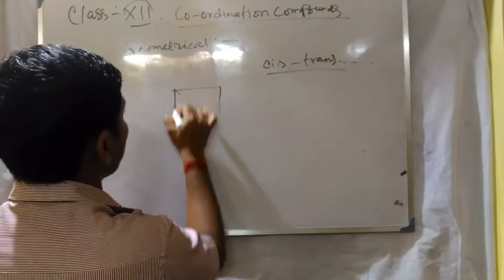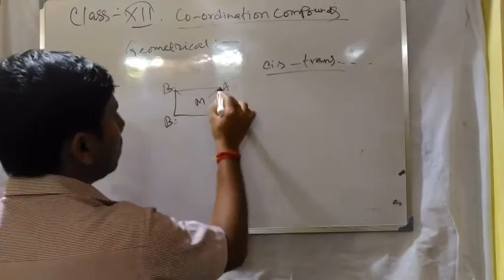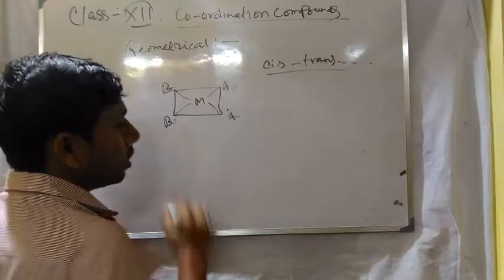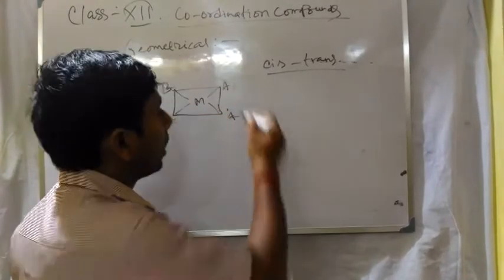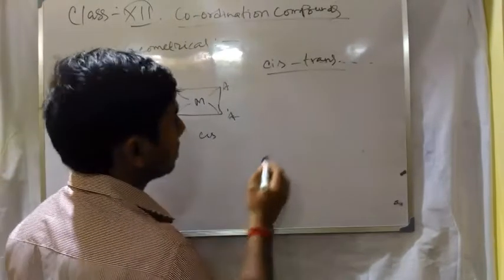We know the square planar complex. Here is the metal and ligand. Now I displace L by A and B. Now these two A are adjacent to each other, so it will be called cis.